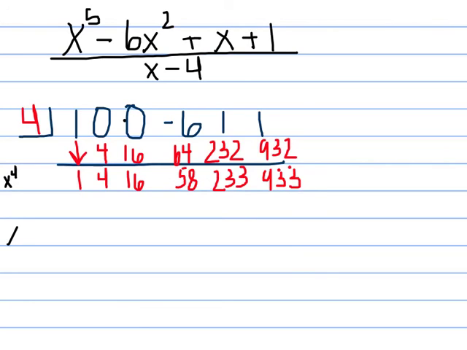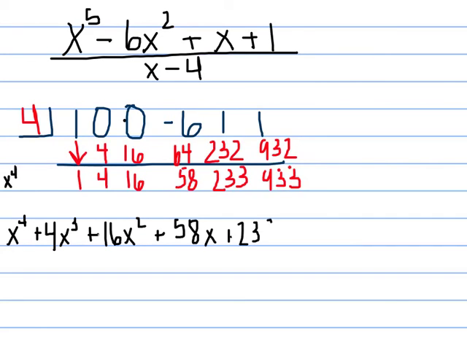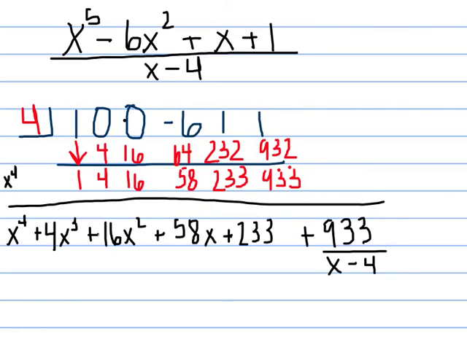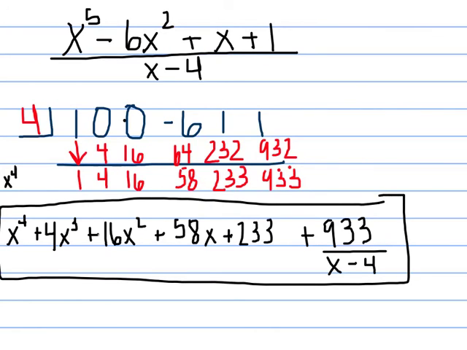So I have x to the 4th plus 4x to the 3rd plus 16x squared plus 58x plus 233 plus a remainder of 933 divided by x minus 4. And there is my new polynomial after I divide out x minus 4.